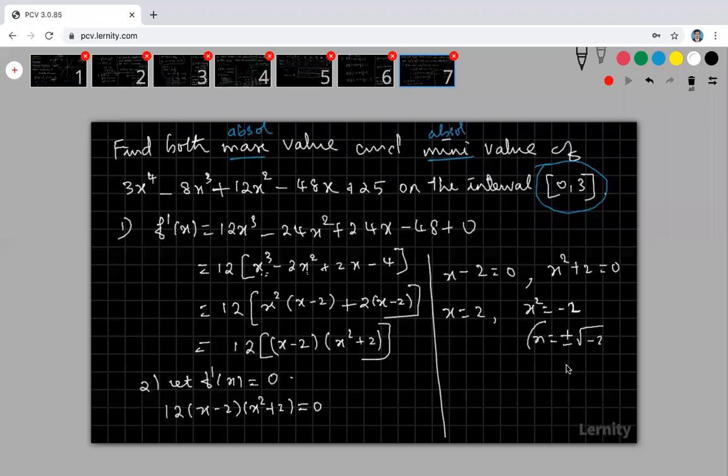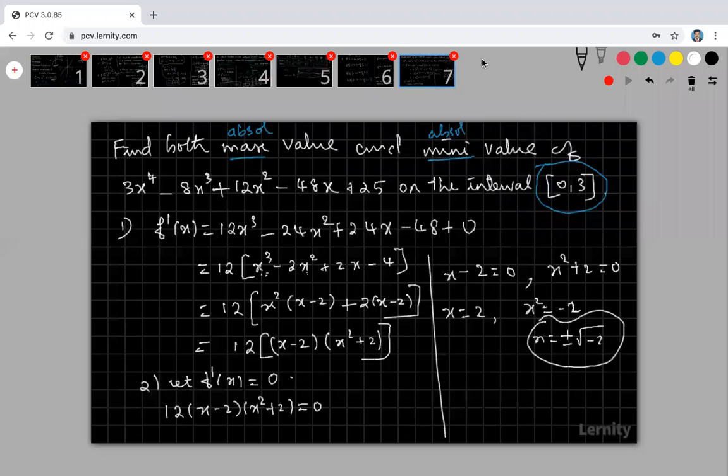What is the value of this? x square is equal to minus 2, x is equal to plus or minus root of minus 2. Anybody knows? Yeah, very good.